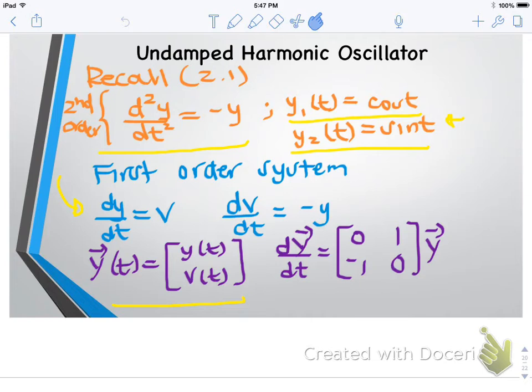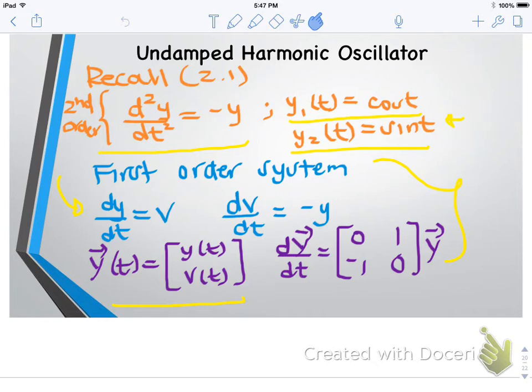I know you're wondering where this came from. I'm taking this first order system, and when we convert it to a matrix vector system, we use the first order system to do that, okay?